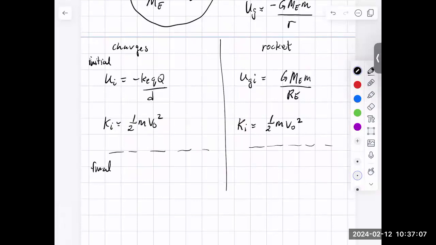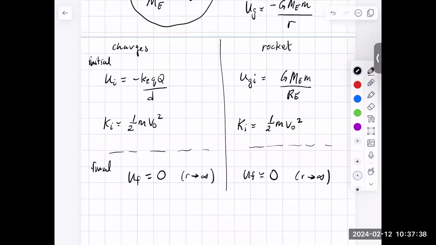Just like in the previous problem, what's the final potential energy when the charges are infinitely far from one another? Zero, because r goes to infinity. What about the rocket? The rocket is launched and it gets infinitely far away from the Earth, so it also has zero potential energy at the end.